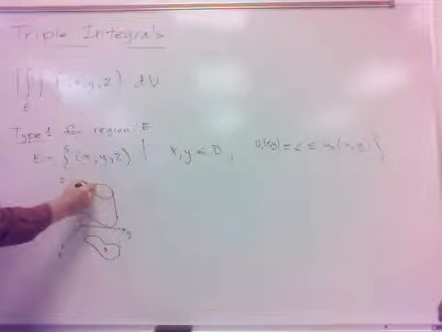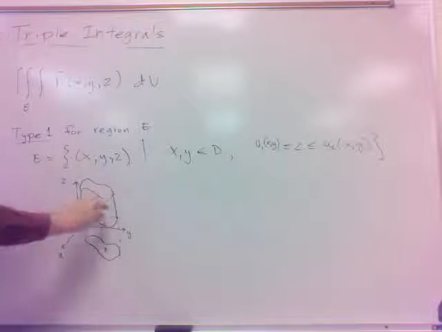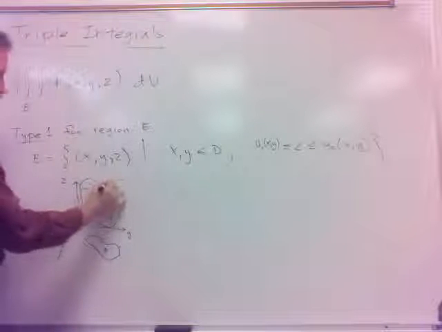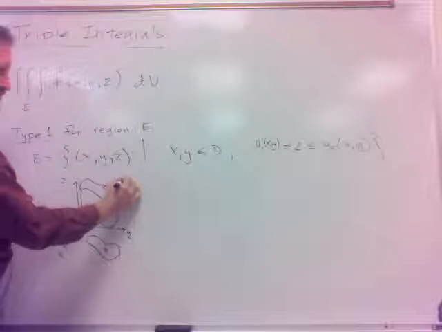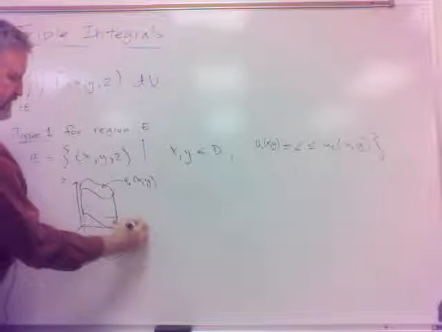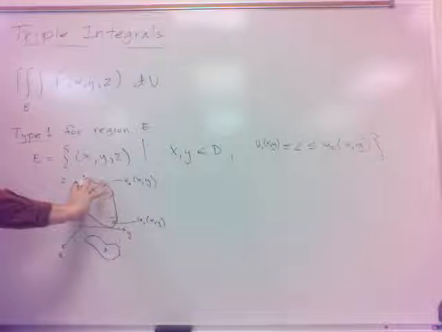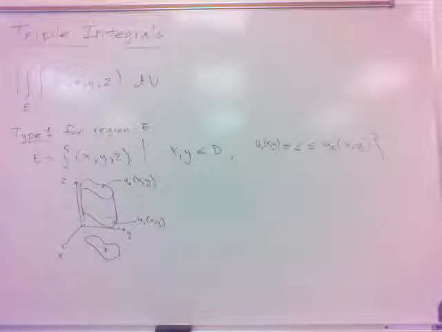Draw the back side here. So that's our region E, where this is defined by our u2 function, and this is the u1 function. And so E is that region there. Okay. Not just a box. It can be many types of shapes.